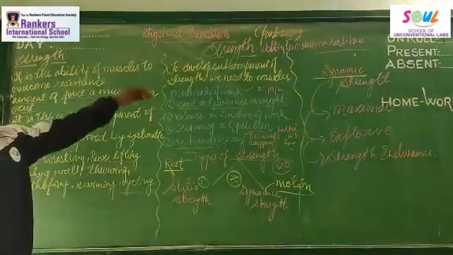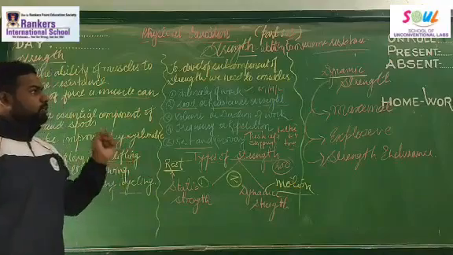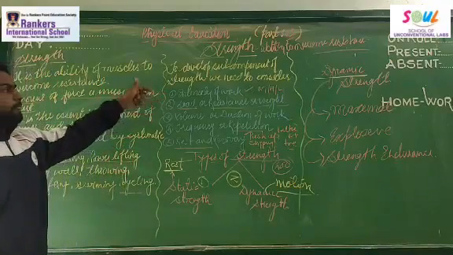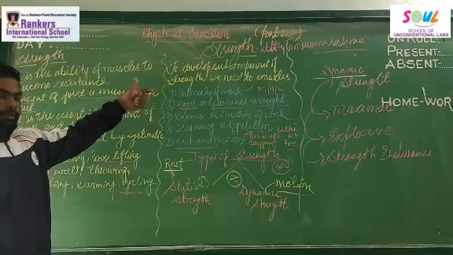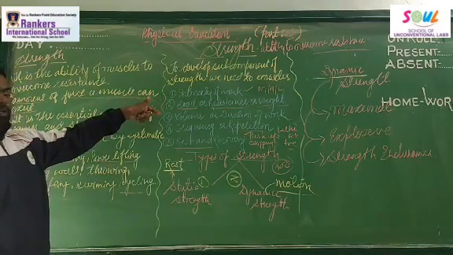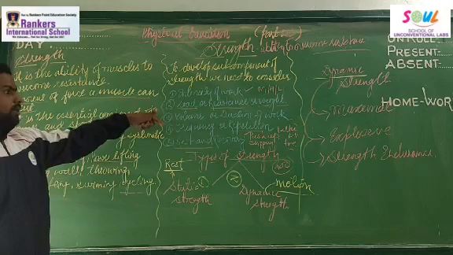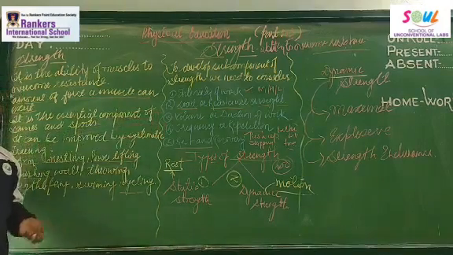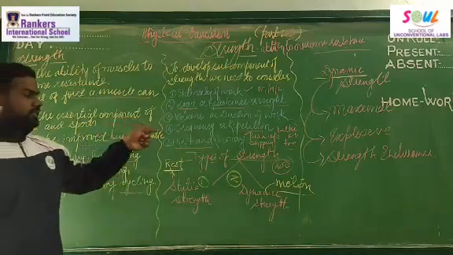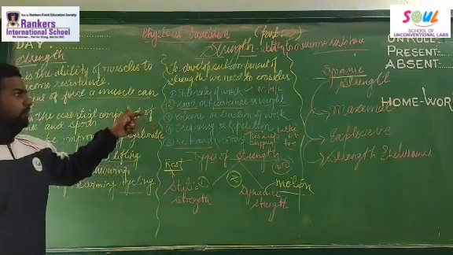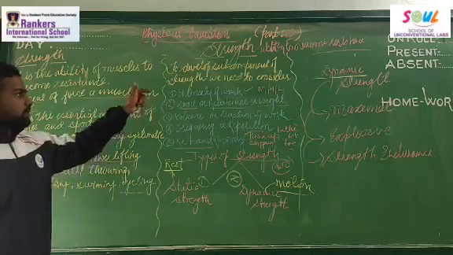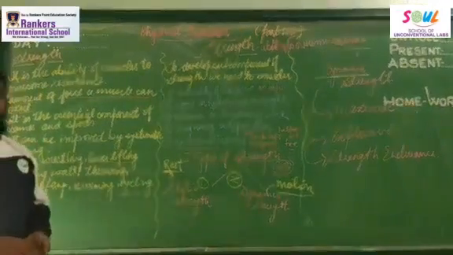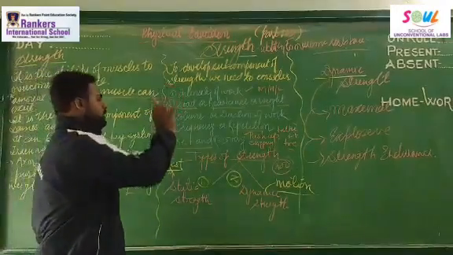To develop this component of strength, we need to consider intensity of workout, load and resistance, volume or duration of workout, frequency or repetition, rest and recovery. These are the points we need to keep in mind if we want to improve strength.